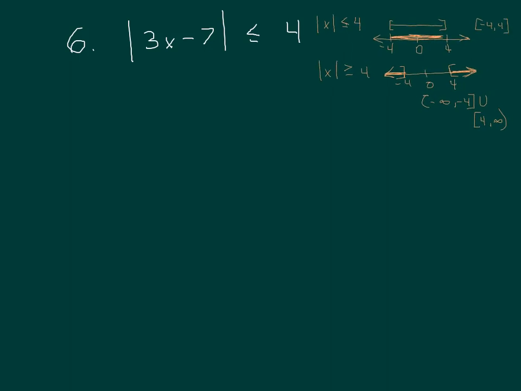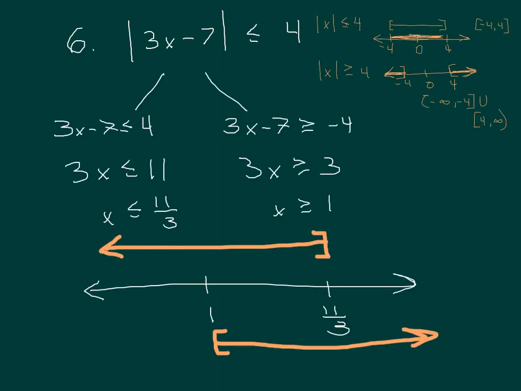You actually simplified this correctly, so I'll jump to that step. Okay, you got this far correctly where you graphed each individual one. But now it's saying that the distance has to be less than or equal to 11/3, and greater than or equal to 1. So this is an and situation where your solution set is going to be the overlap.